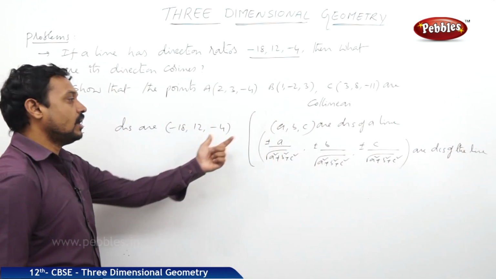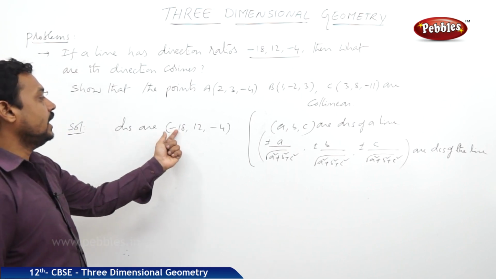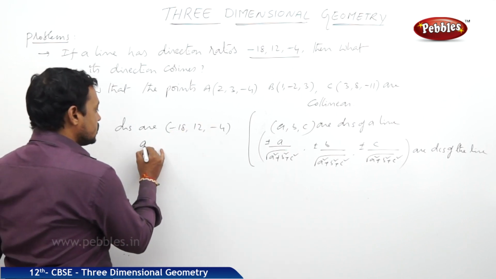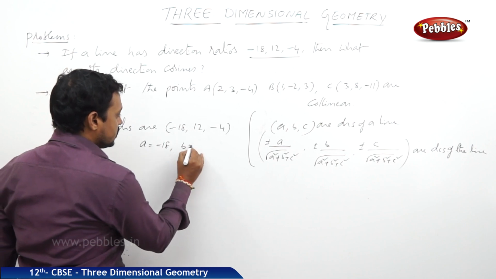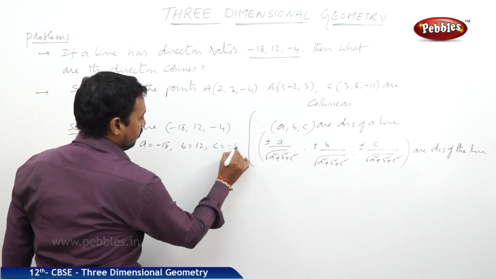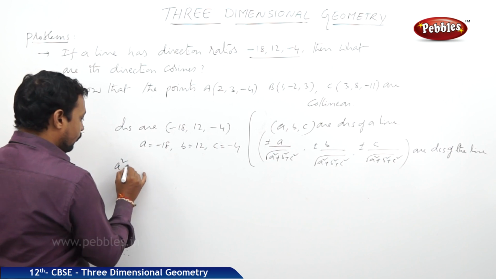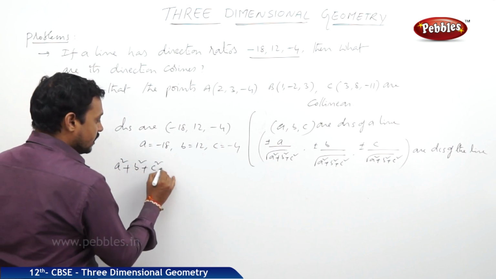So, that is the theory already. Here A is equal to minus 18, B is equal to 12, C is equal to minus 4. Now, first of all find the value of A square plus B square plus C square.